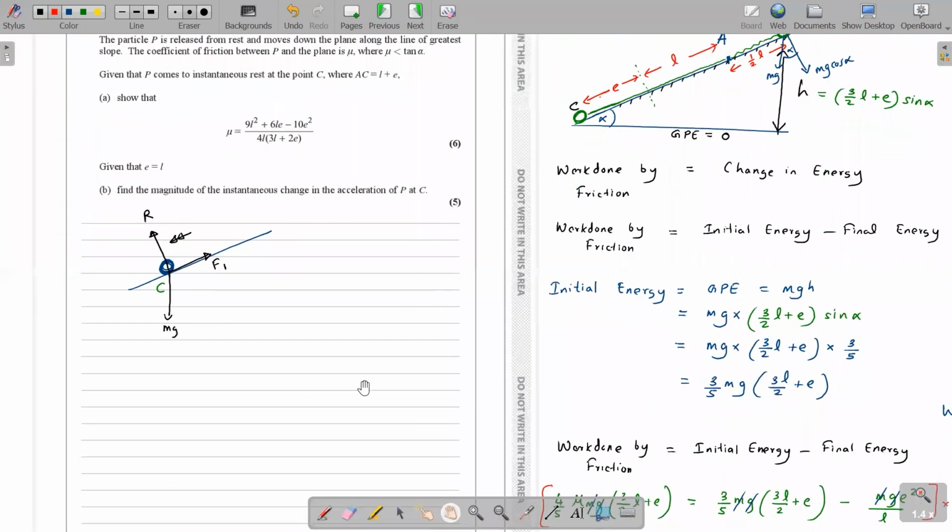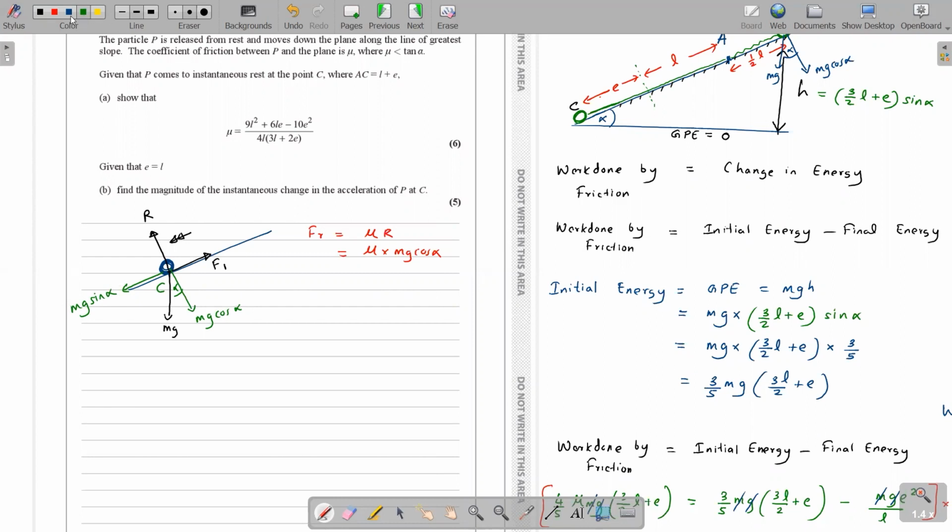R was mg cos alpha, because you resolve this mg, and don't forget there's also mg sin alpha.